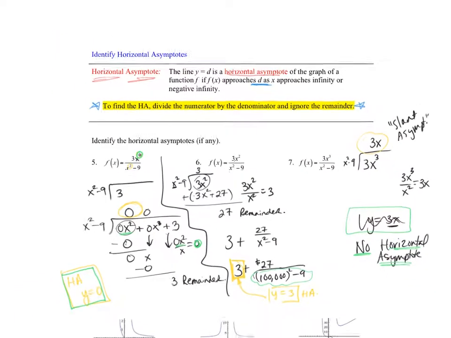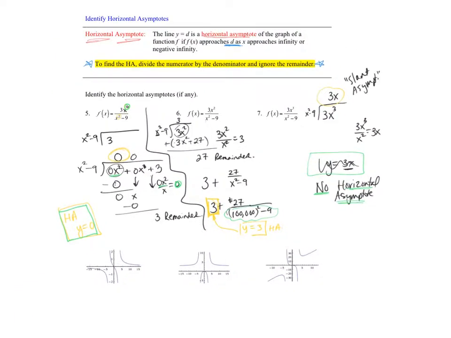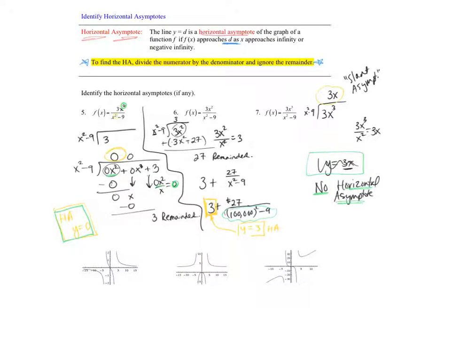All right, so let's check our work. I've graphed these functions. And you can see there's a horizontal asymptote here at y equals 0. And it's okay that the function crosses the horizontal asymptote right there at the origin. The horizontal asymptote is all about the end behavior as x heads towards negative or positive infinity.